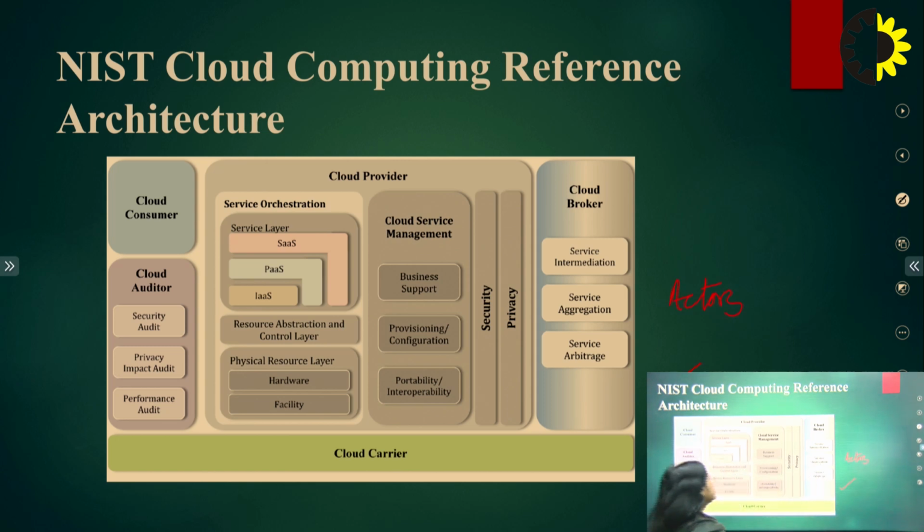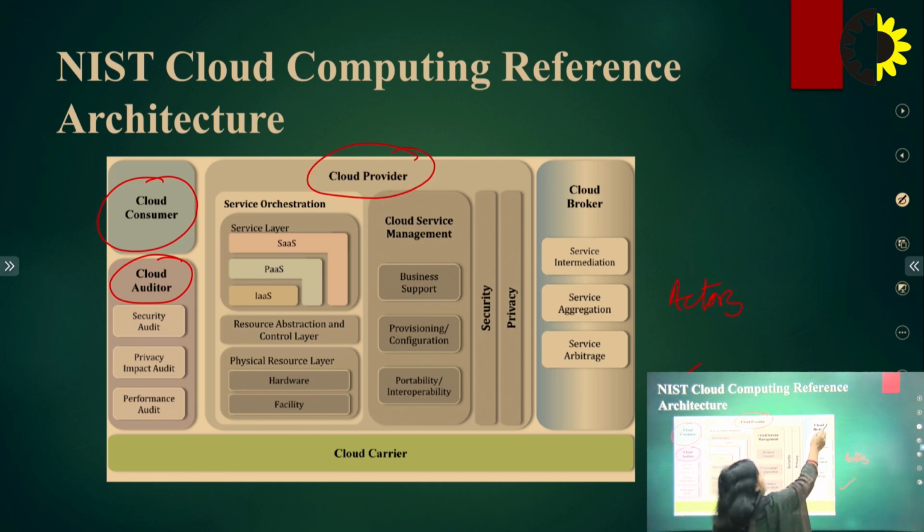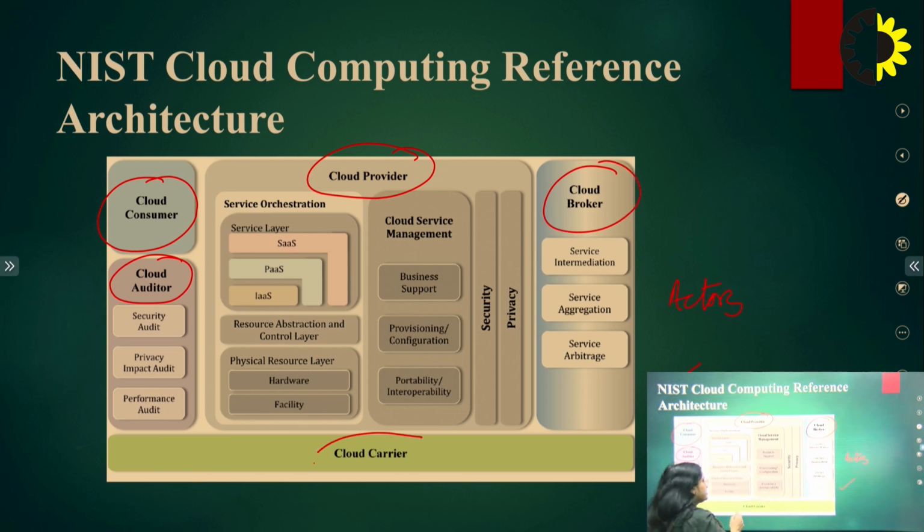The first actor is the cloud consumer, the second actor is the cloud auditor, the third actor is the cloud provider, the fourth actor is the cloud broker, and the last actor is the cloud carrier. So we can say there are 5 main components of cloud computing.